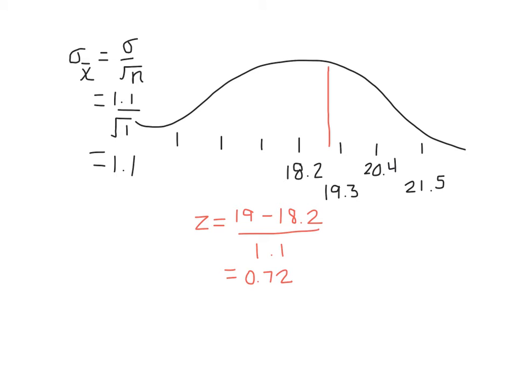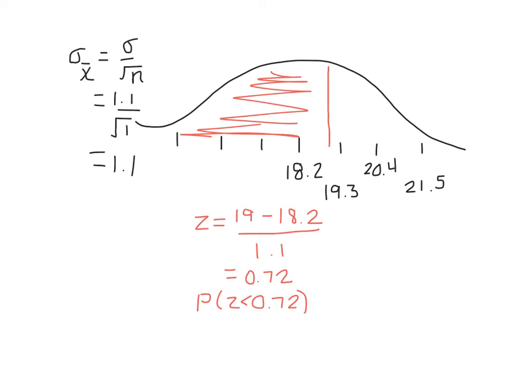And so if we look up that z-score in our table of critical values, the proportion of individual men who will have a shoulder breadth that is less than 19 inches, which in this distribution would mean less than a z-score of 0.72, the proportion below is equal to 0.2327.